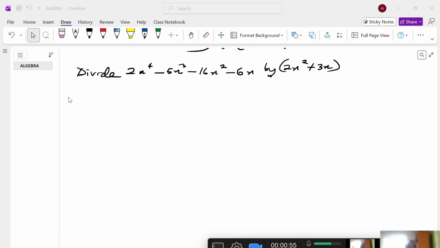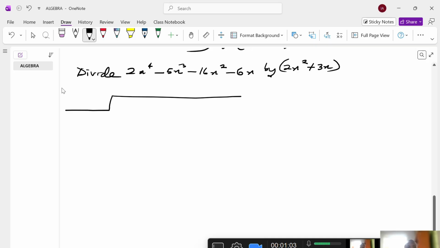Like I told you, there are several methods that can be used for this division, but the long method, the nursery school method, is the one that is more comfortable for me. So you can use any one that is comfortable for you. So this is 2x raised to power 4 minus 5x cubed minus 16x squared minus 6x. Like I said, you use the first value to divide this only.